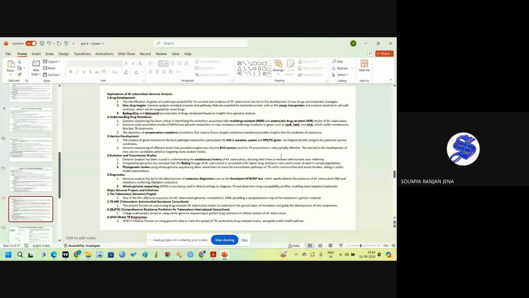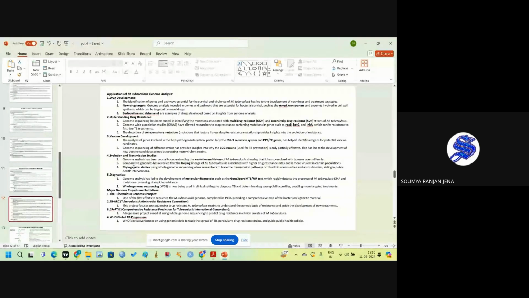Any disease which co-evolves with humans is very dangerous, and comparative genomics has revealed that the basic lineage of this tuberculosis is associated with higher drug resistance rates and is more virulent in certain populations. And the phylogenetics and whole genome sequencing of this species allow researchers to trace the transmission pathway of TB within the community and across borders, aiding in public health intervention.